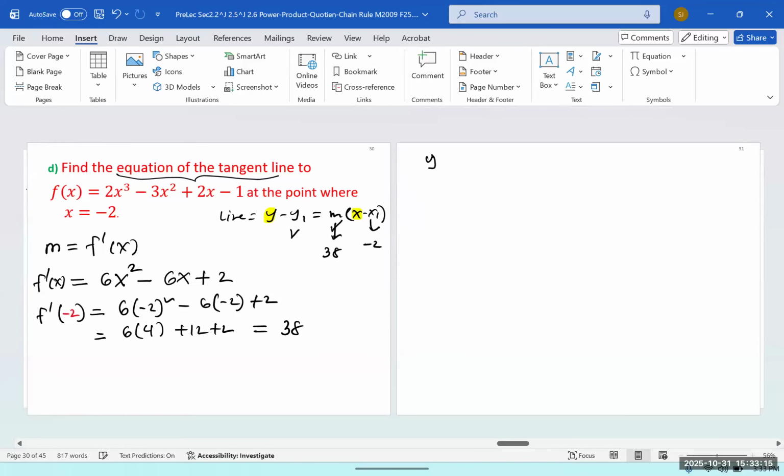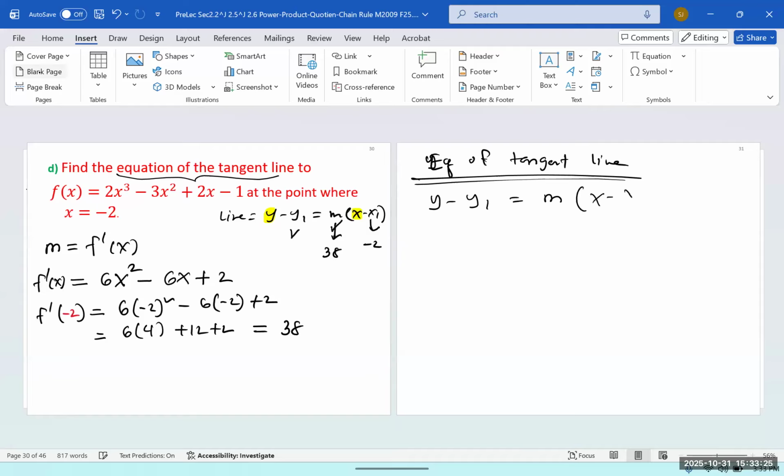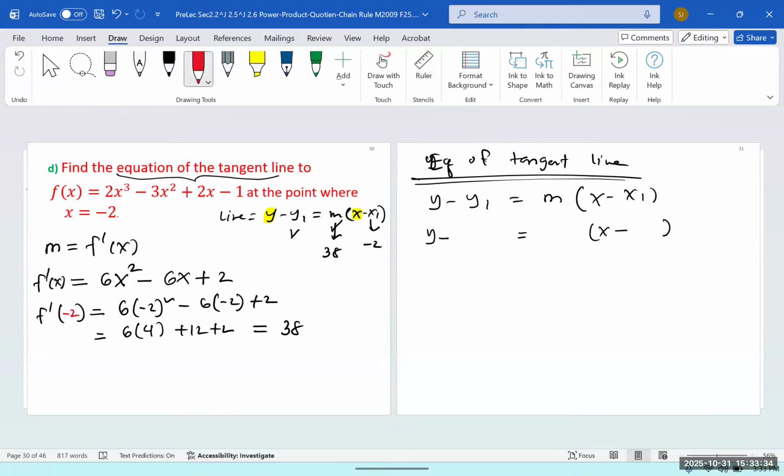Now we have the equation of tangent lines: y minus y1 equals slope times x minus x1. So y minus something, x minus something. You already know our x1 is -2, and we just found the slope is 38.